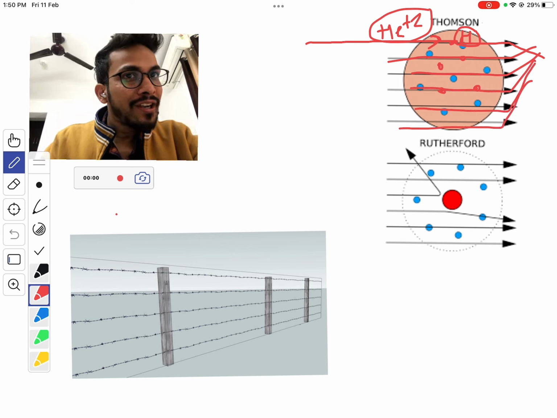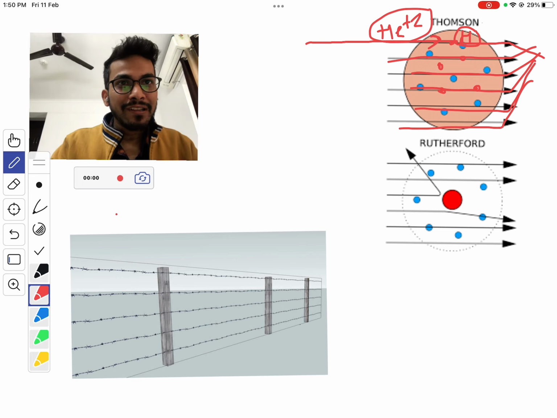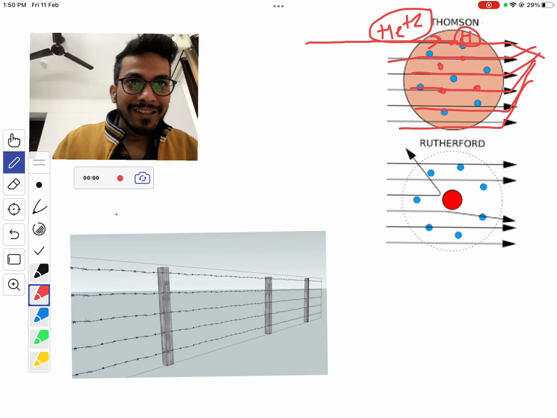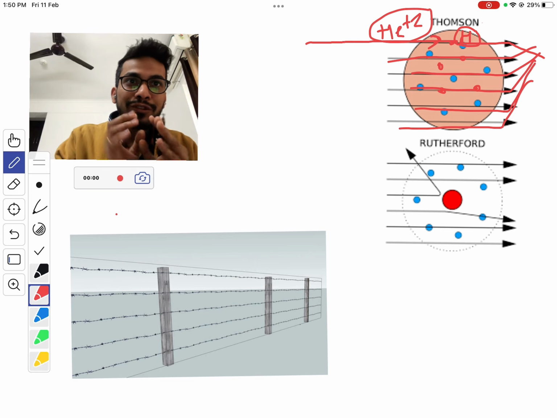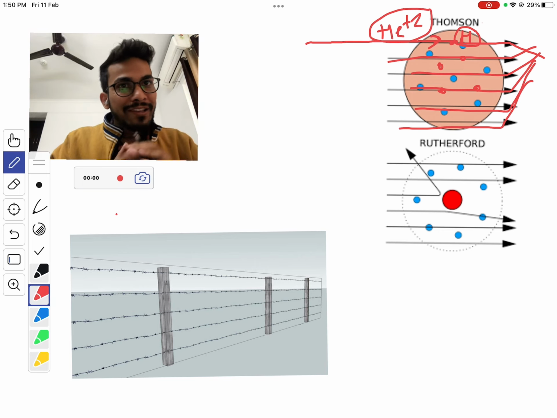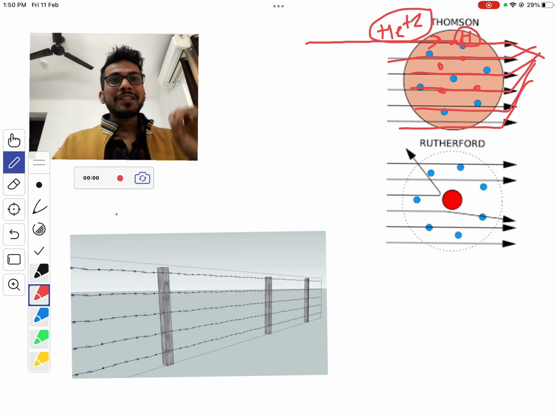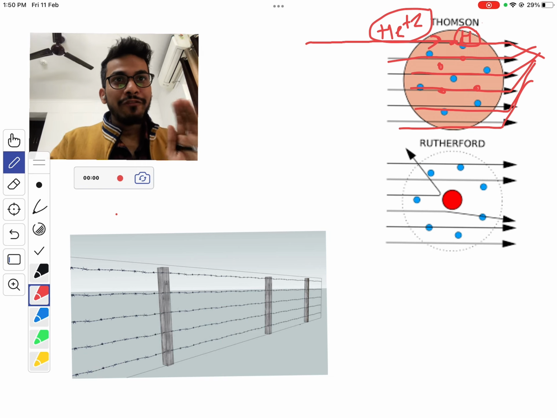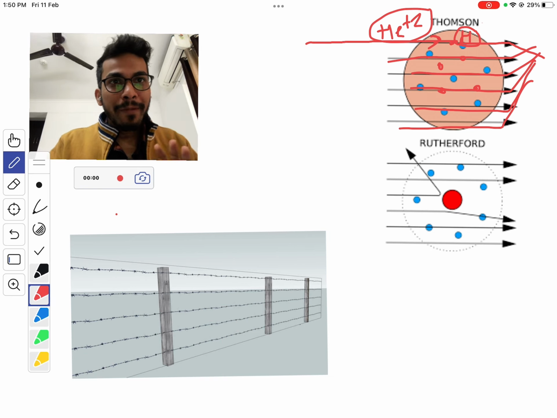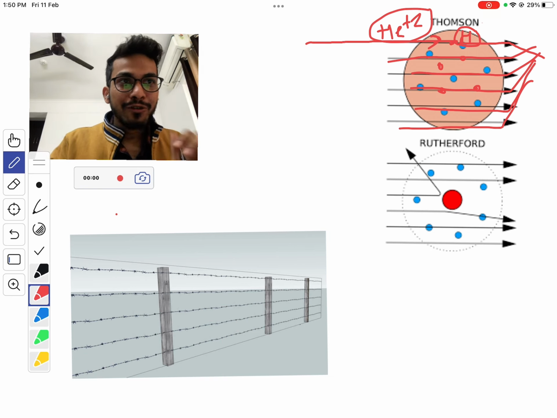So this contradicts the first observation, that more than 90% of the rays passed through the gold foil without any deflection. But how can this be possible? And the most surprising part was that very few rays were rebounded back to their original position.